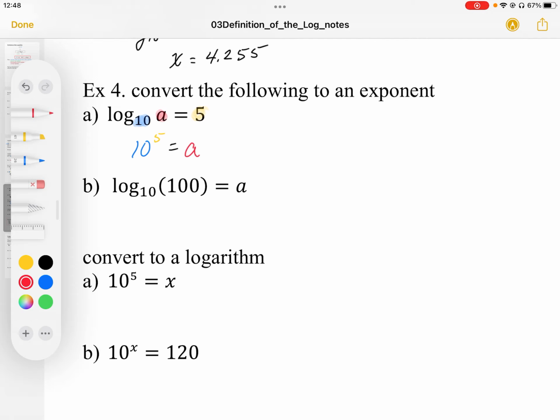We can actually solve for this if we want. We'll do the same thing here. We have our exponent a, base 10, argument 100. So when I write this equation in exponential form, I get 10 to the power a equals the argument 100.